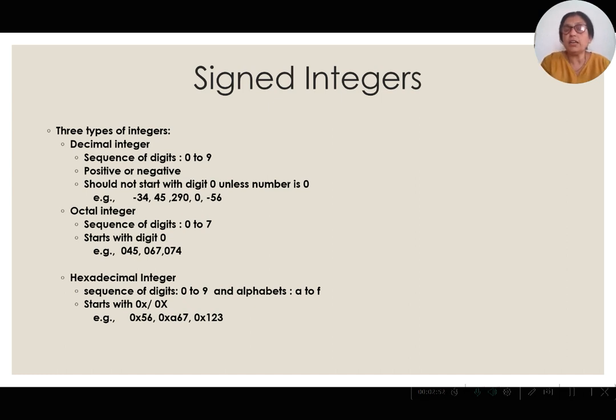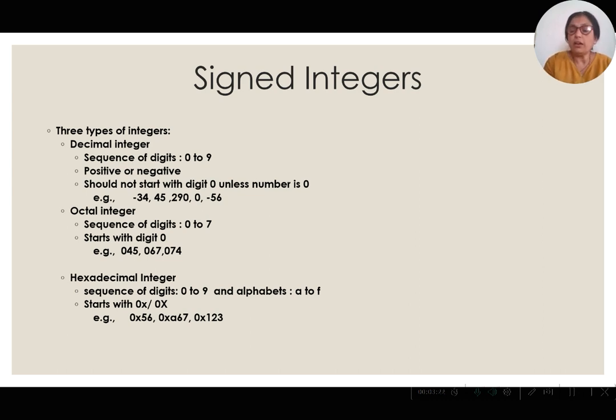A is for 10, B is for 11, C is for 12, D for 13, E for 14 and F for 15. Now it starts with 0x, where x is either capital or small. 0x56, 0xA67, 0x123. These are all hexadecimal integers.